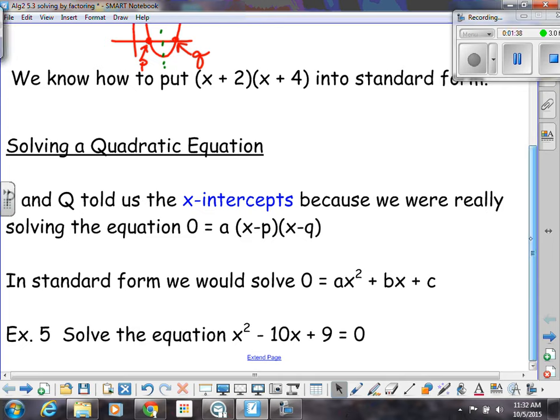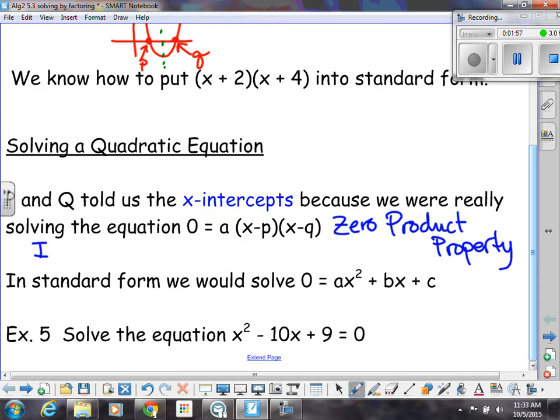So here's a property that I don't know if you've seen before. It's called the zero product property. And here's what it says. If I have any two numbers, I'm just going to call them A and B. If I have A times B, and I know that it's equal to 0, well, what do I know about those two numbers? So think about it.